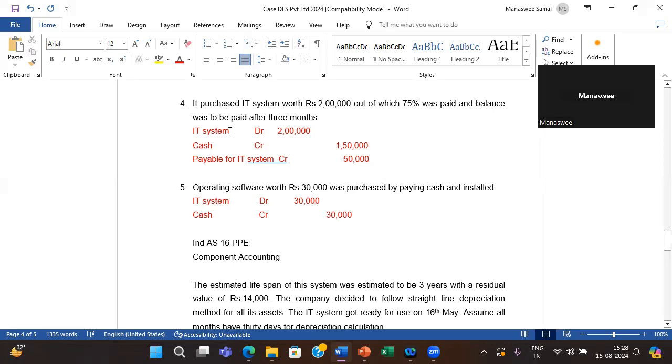So why did I bring this discussion into this case? See, we have IT systems, the hardware, 2 lakh rupees. Then we purchase operating software worth 30,000. It is quite possible that the operating software license is for 3 years or 5 years. If it is 3 years, we don't have any problem, because the hardware also has 3 years, and we have clubbed these two things together, called IT system.